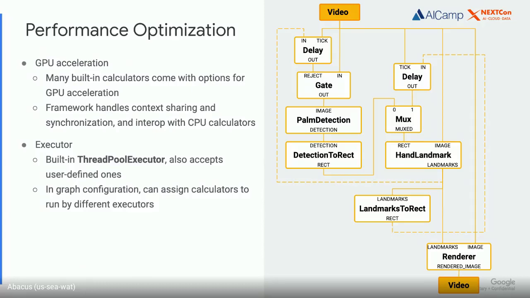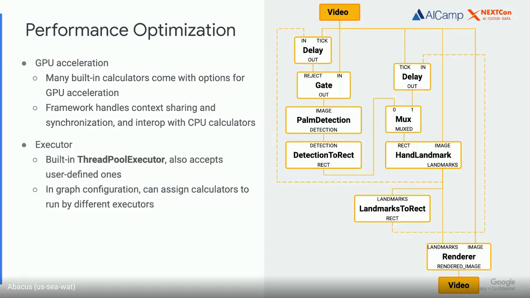There are basically two features in MediaPipe to improve performance. One of them is GPU acceleration. The neural networks, through the TensorFlow neural network engine, can run either on CPU or on GPU, and they typically run more efficiently on GPU.